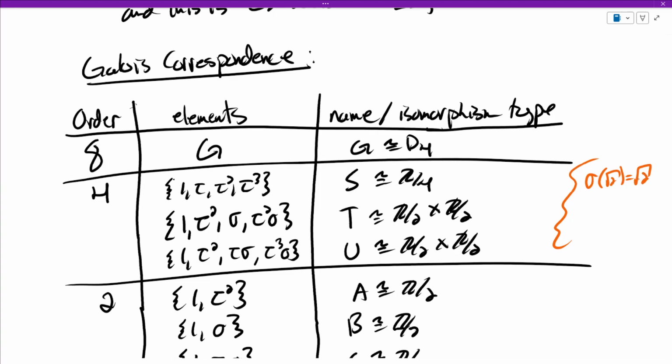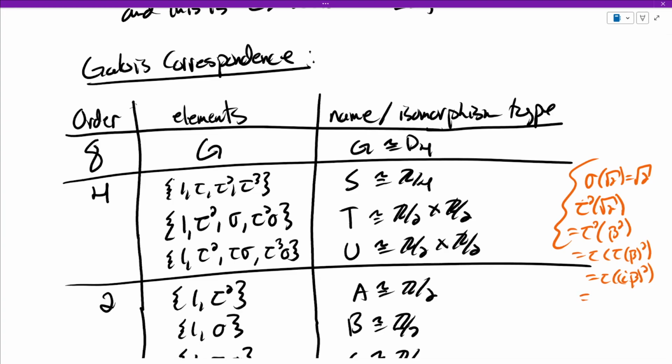Okay, so in order to fix root 2, we have to have a sigma. Does tau squared fix root 2? Let's see. Root 2 is like beta squared, right? So that's tau of beta squared. Tau sends beta to I beta, so that's I beta squared.